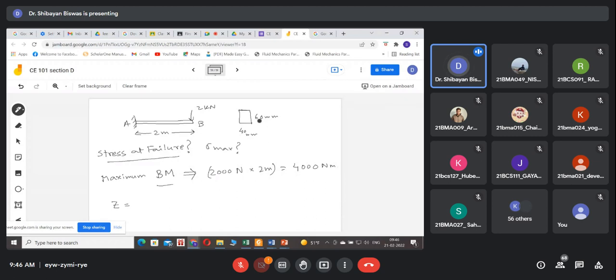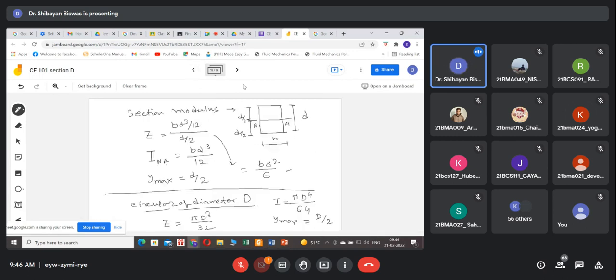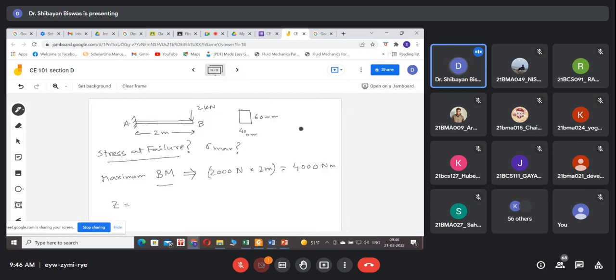The section properties are here. All the dimensions are given. The height is 60 millimeter, and the width is 40 millimeter. We have just done this case, where I was asking what is the section modulus for the rectangular beam section.